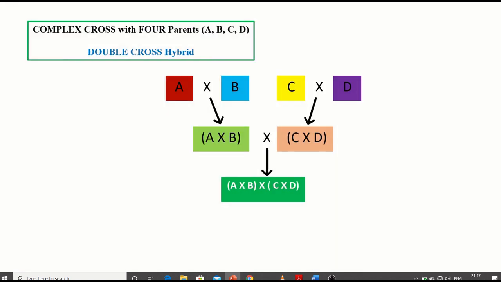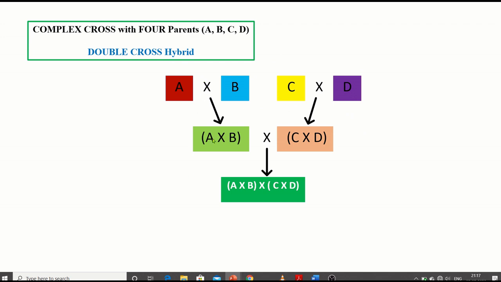And examples of another complex cross use four parents. Not only three parents, we also use four parents, which is also called a double cross hybrid. An example would be in maize.